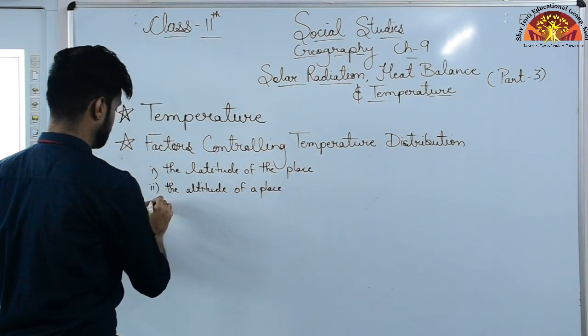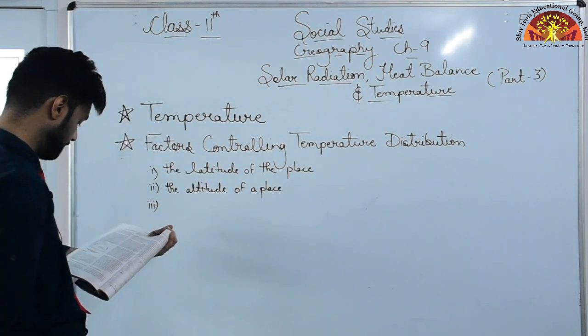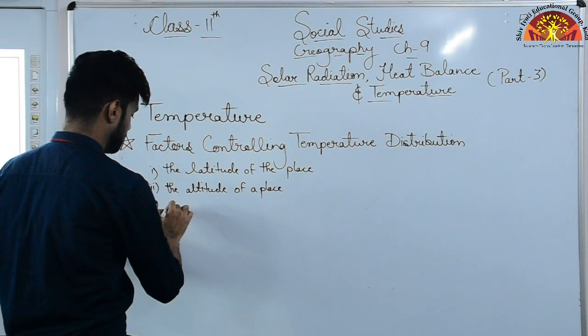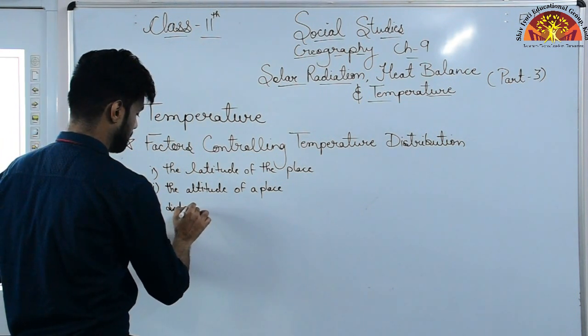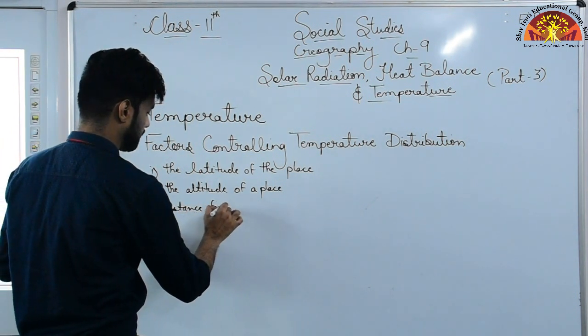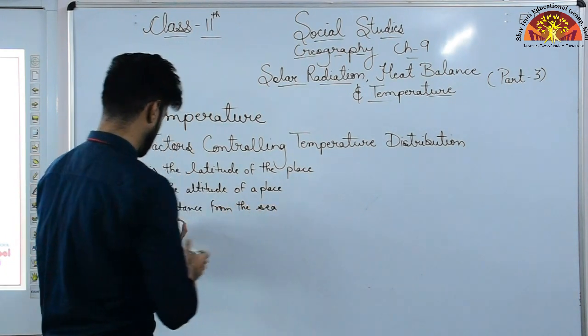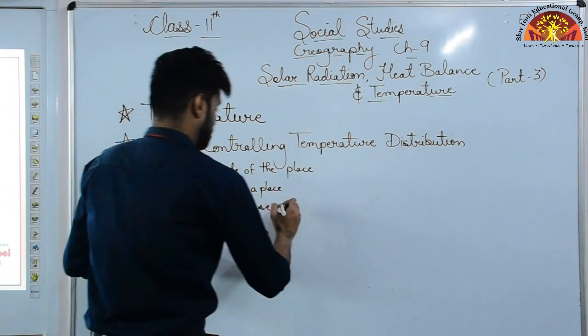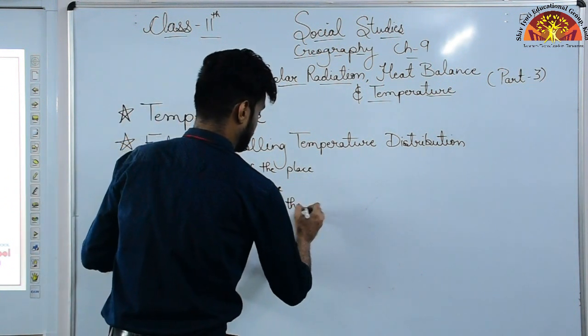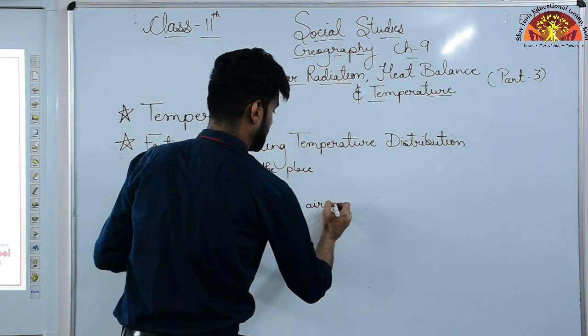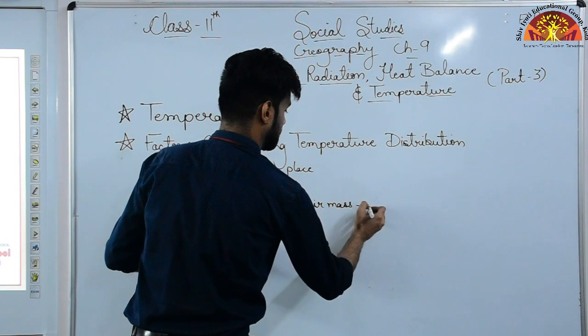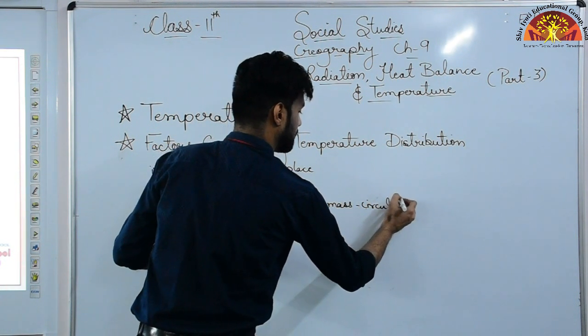Number 3, we have distance from the sea, how far we are from the sea, that is the air mass circulation.